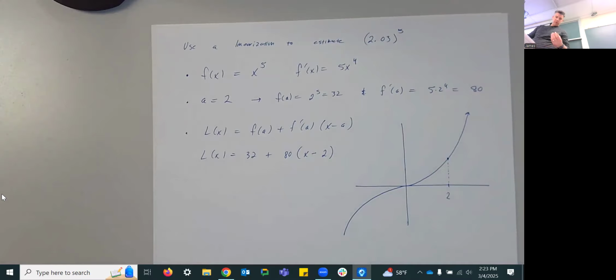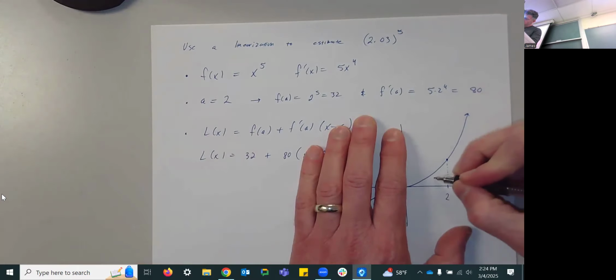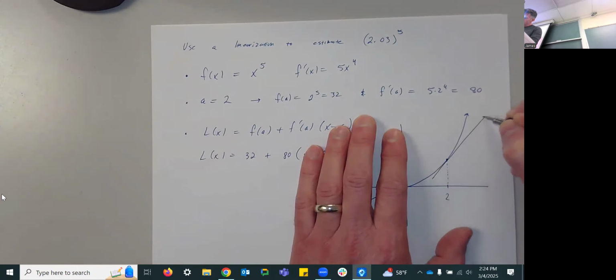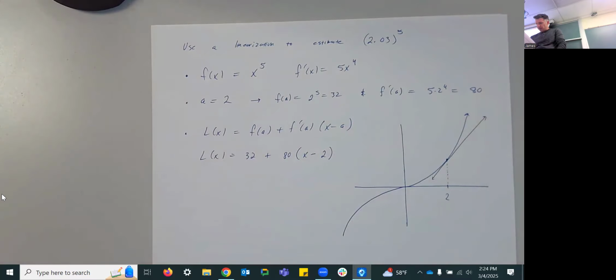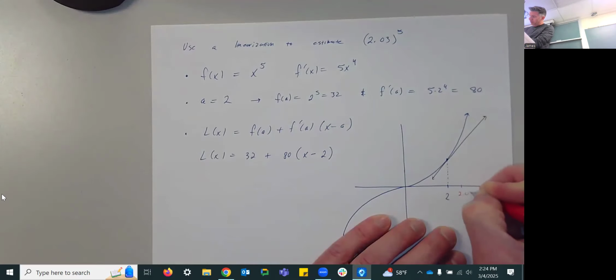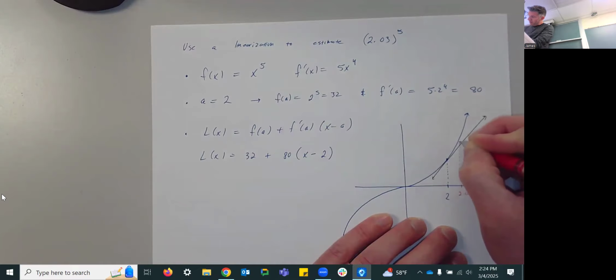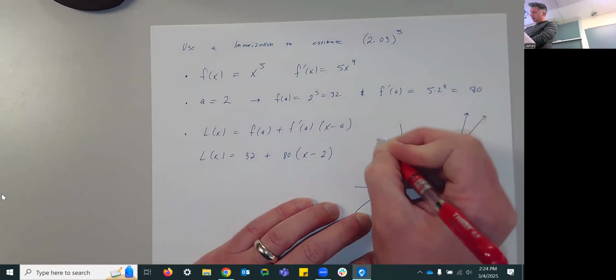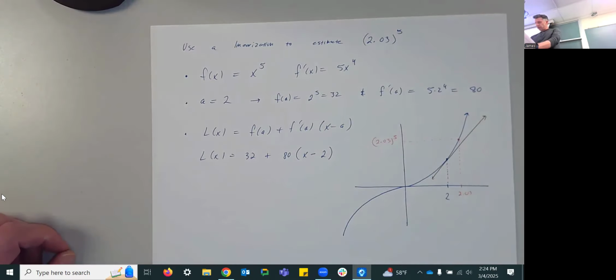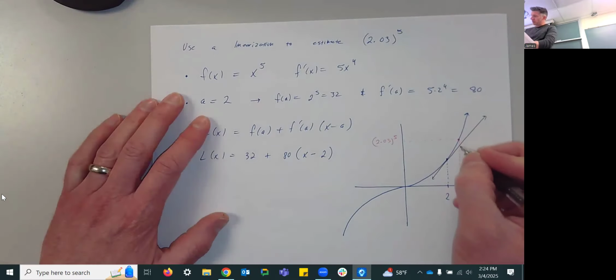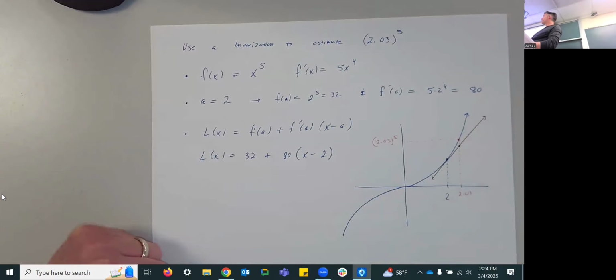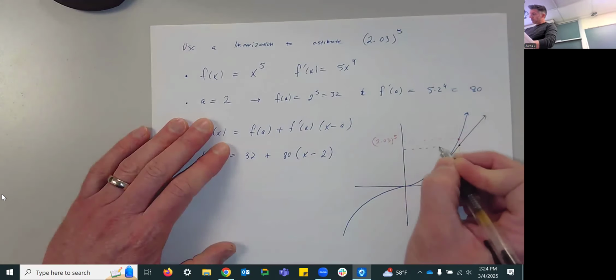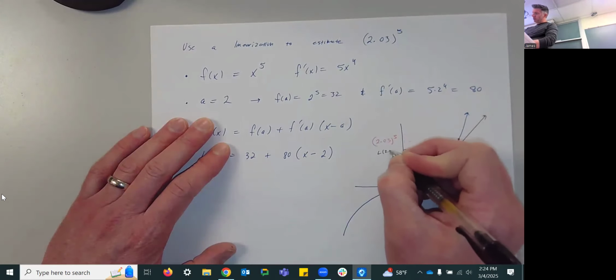And then to approximate 2.03, instead of actually plugging in 2.03 to the function and getting the actual function value of 2.03 to the fifth power, we're going to plug in 2.03 to the linearization and you get a value that's a little bit off. That's your L of 2.03.